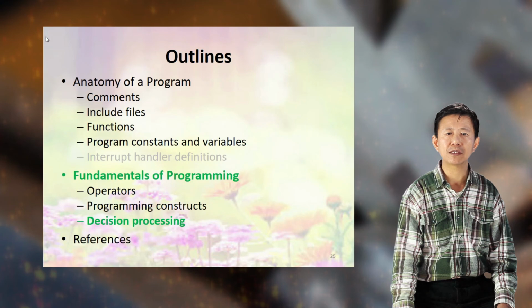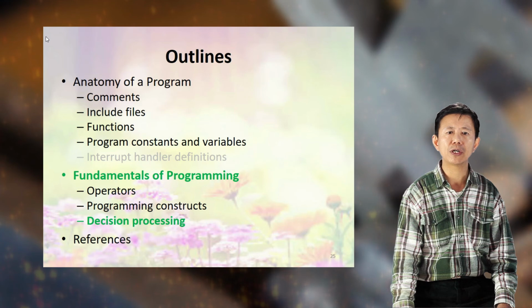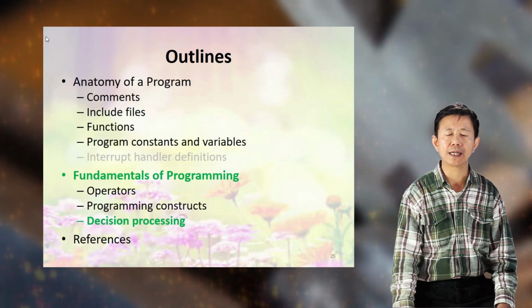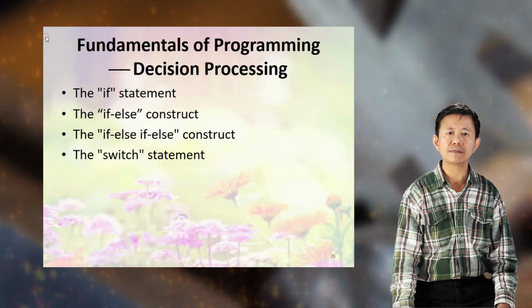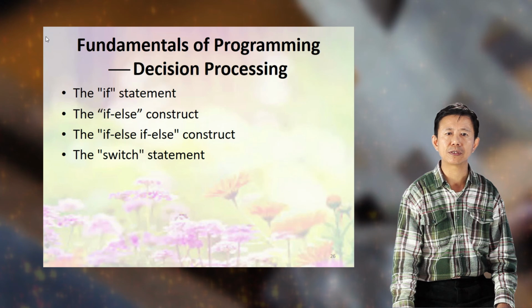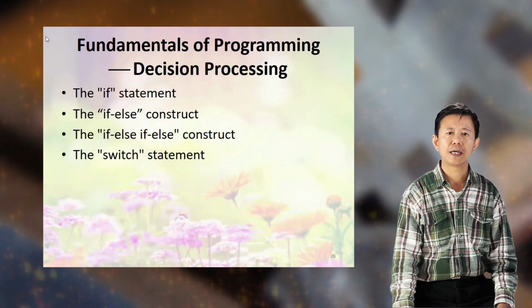Though we have mentioned decision making in a loop, we haven't really talked about decision processing syntax in programming yet. This is the next subsection. On some occasions, it is necessary to make decisions. Here I list 4 decision-making constructs: the if statement, the if-else construct, the if-else-if construct, and the switch statement.